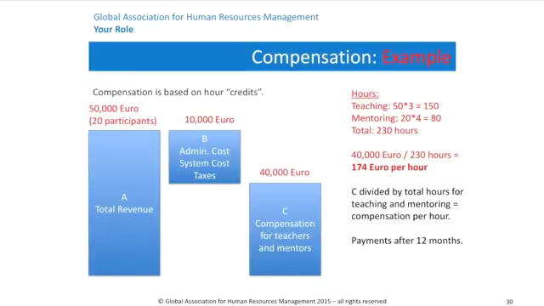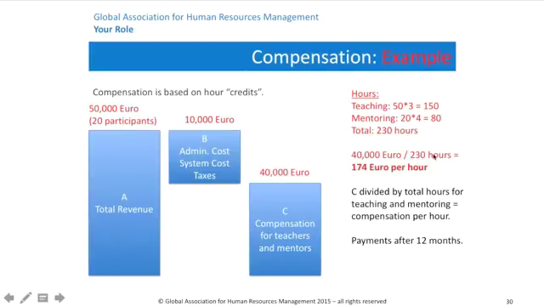So what we can distribute to you would be, in this case, 40,000 euro. And if we assume that a total of 230 hours was necessary, how do we come to the 230 hours? Say teaching would be 50 weeks times 3 hours per week, 150. Mentoring 20 participants, 4 hours per participant, would be 80. It's a total of 230.